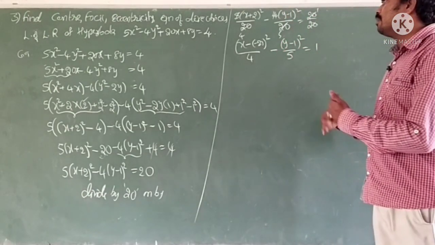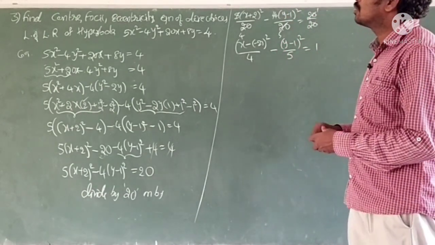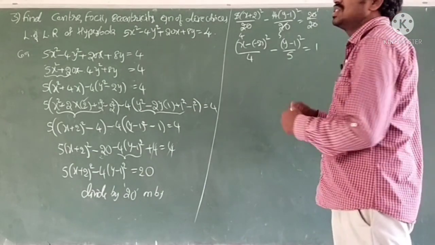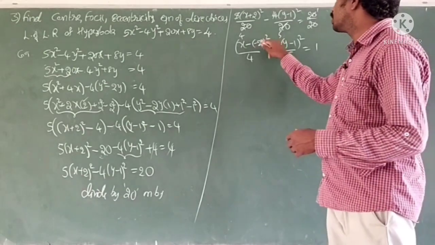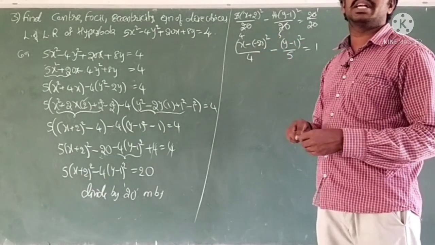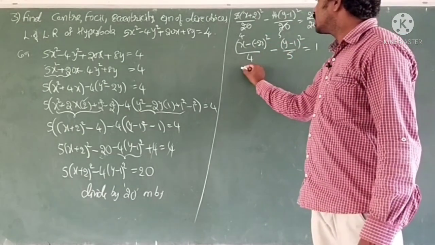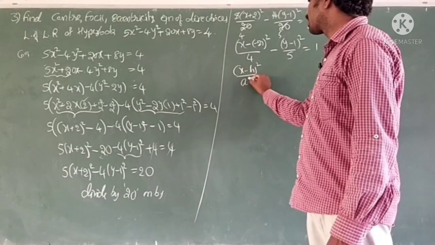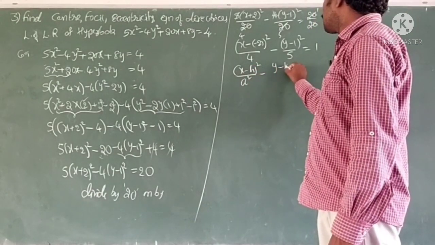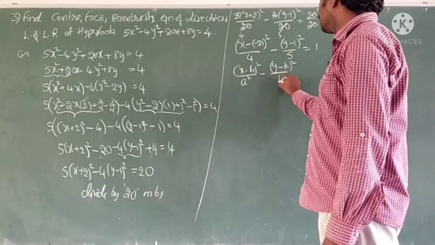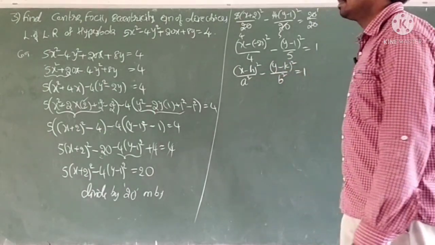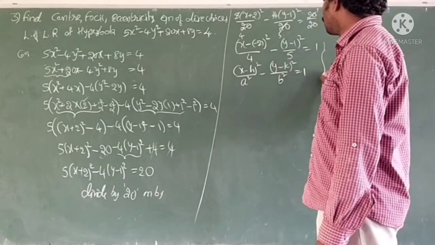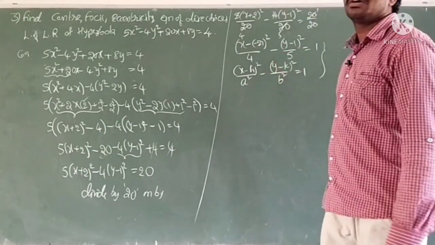Now we should compare with the general hyperbola equation. In case 1 the center is 0, 0; here in case 3 the center is h comma k. So it is compared with x minus h whole square by a square minus y minus k whole square by b square is equal to 1. Now tell me, by comparing these two equations, what is h? Minus 2.